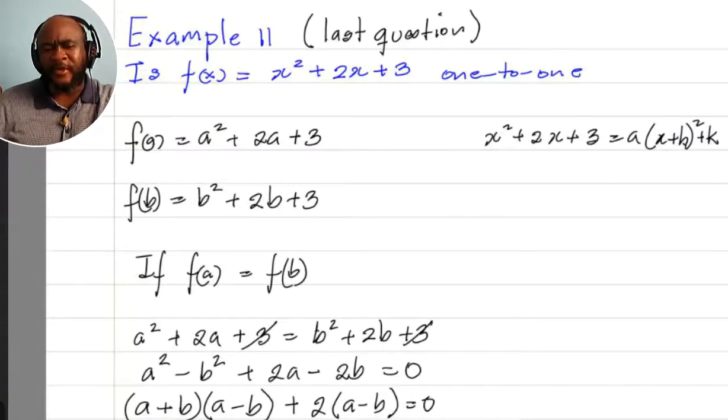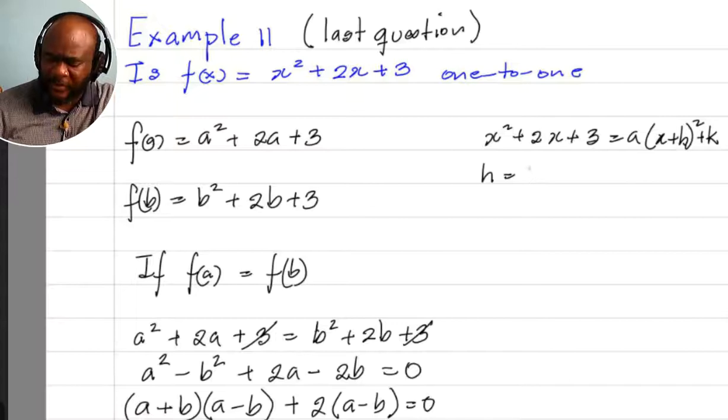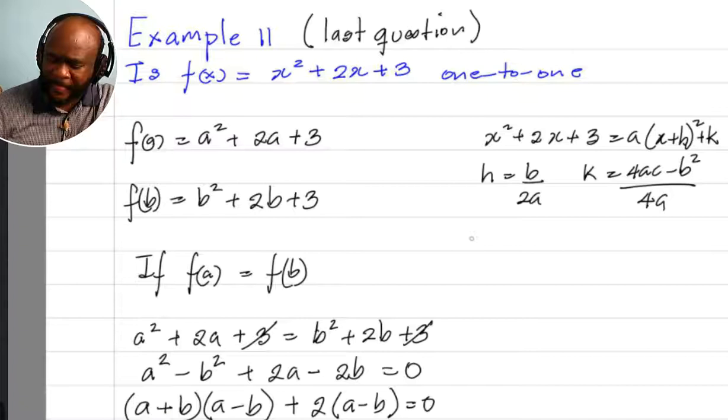In other words, I have to complete the square. Using a formula, h is equal to b over 2a, and k is equal to 4ac minus b squared over 4a. H is therefore 2 over 2 times 1.